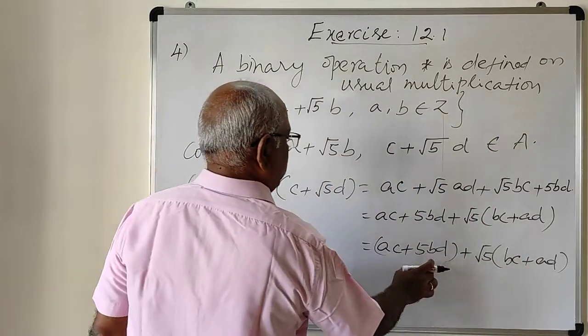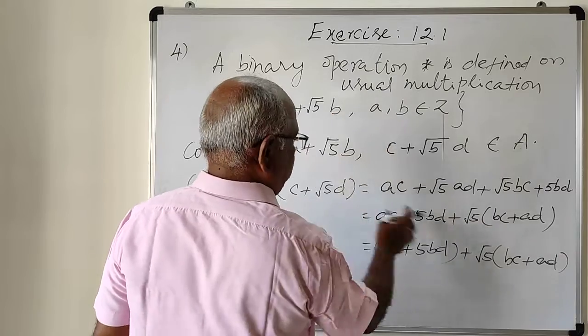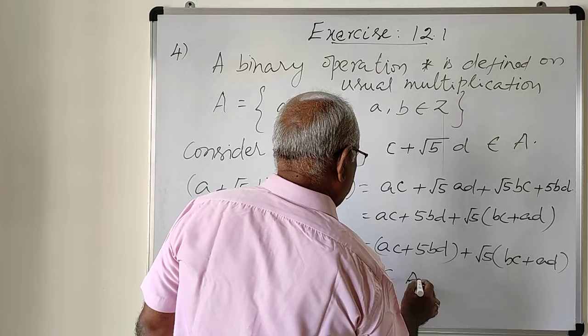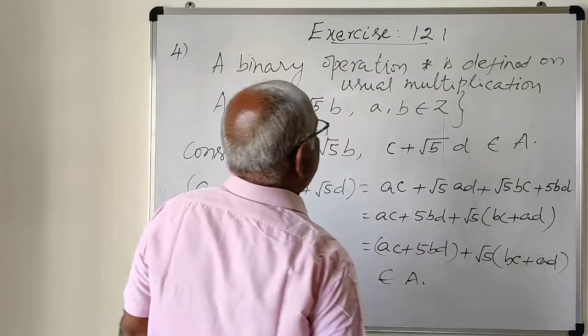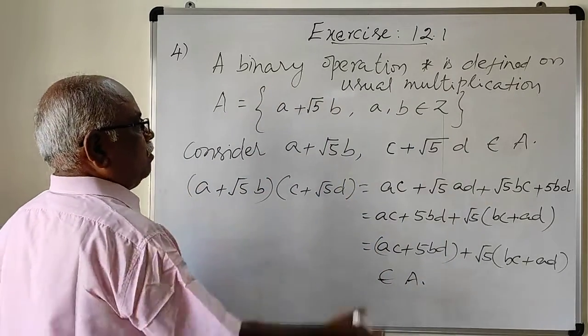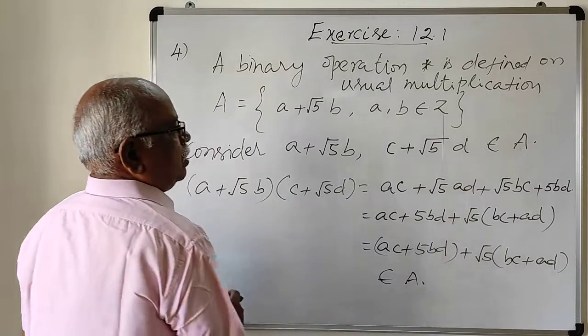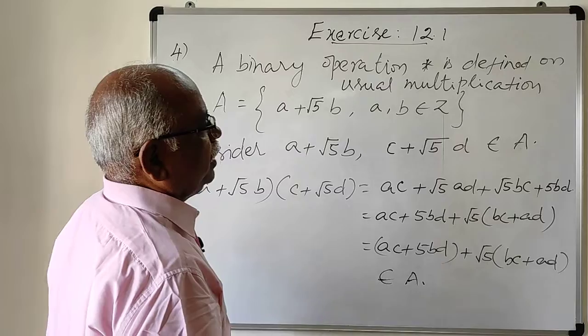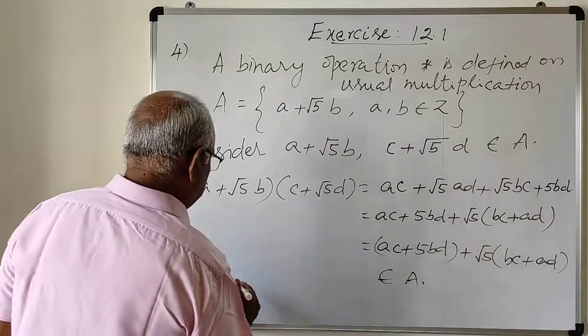This is again an element of the set A. Therefore, the set A is closed under usual multiplication, or usual multiplication is binary on A.